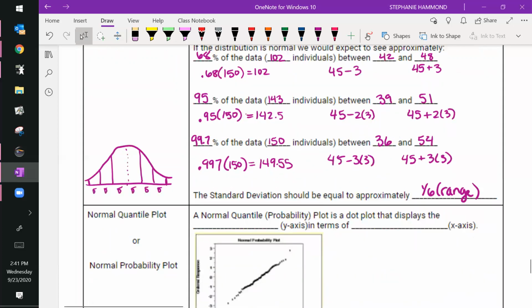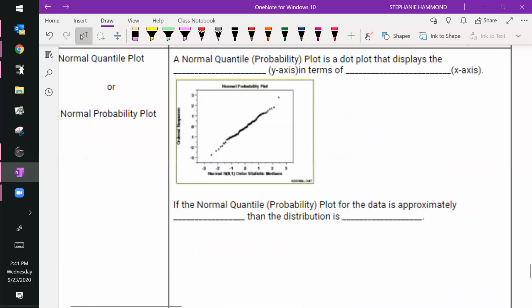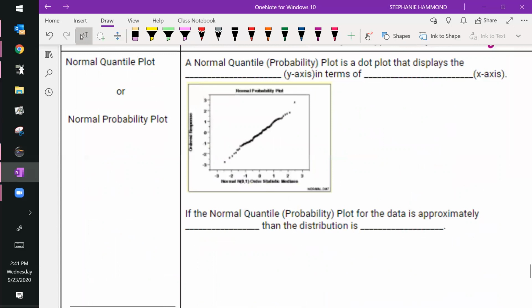The next tool that we have is called a normal quantile plot, also called a normal probability plot. A normal quantile plot, or a normal probability plot, is a type of dot plot. And this dot plot displays the z-scores on the y-axis in terms of the actual raw data, the raw scores, the x scores.